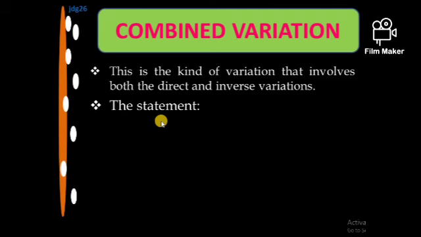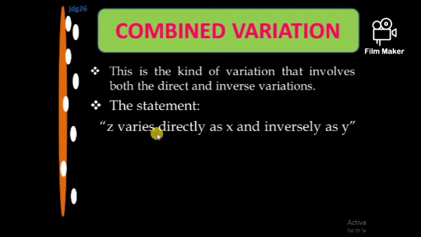So, magkaroon tayo ng statement, Z varies directly as X and inversely as Y. So, tingnan nyo yung statement natin. Meron na kayong clue word na varies directly at meron pa tayong makikita na inversely. So, it means dalawang variation ang pinagsama natin. Isang direct at isang inverse. And that is now combined variation.